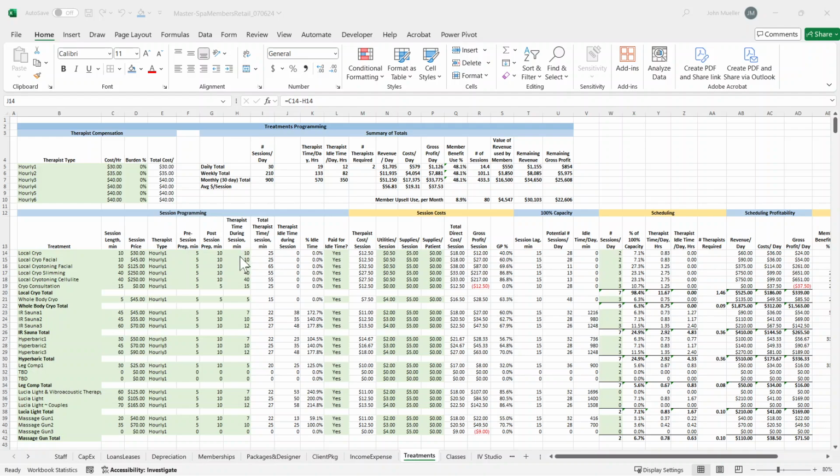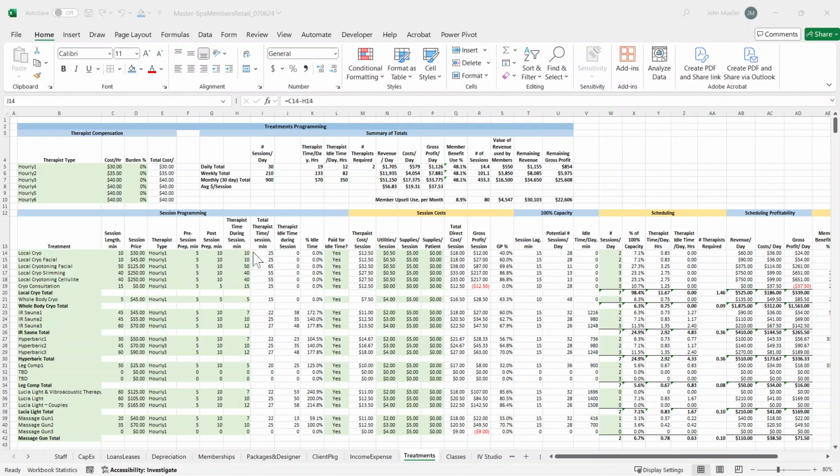Then it also factors in during that particular service how much of that therapist's time is needed out of this session time. Some services, the technician needs to be there the entire time. Other times you get them set up and they're not in there for the whole amount of time.